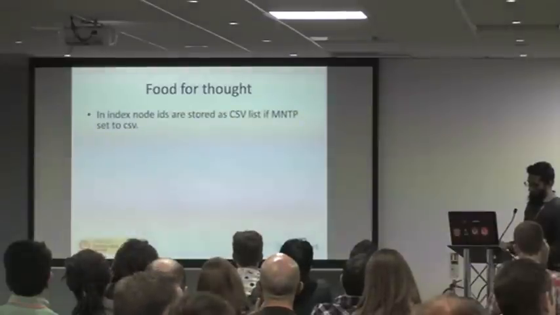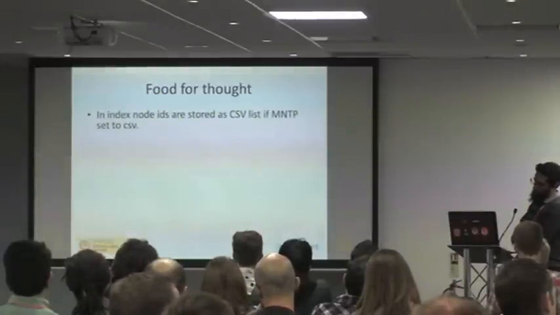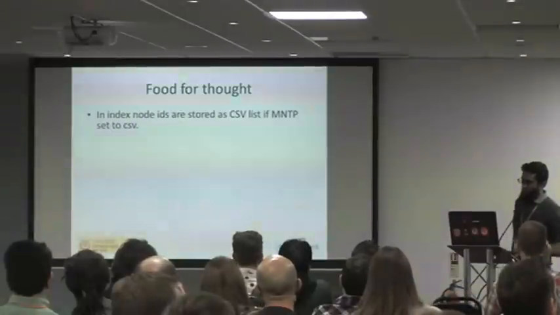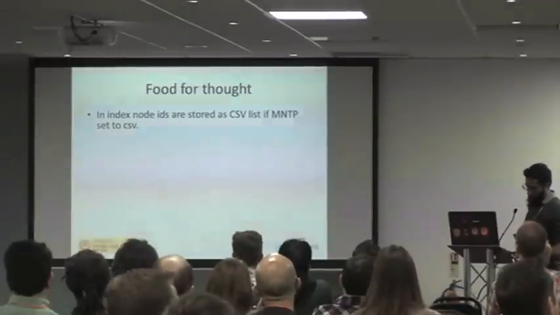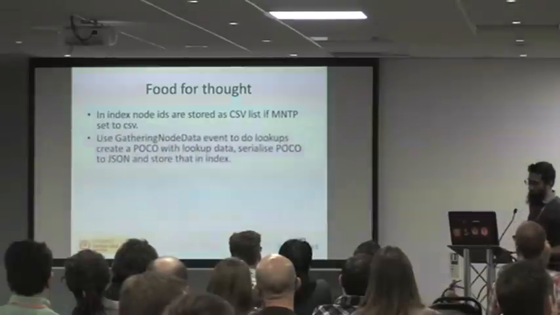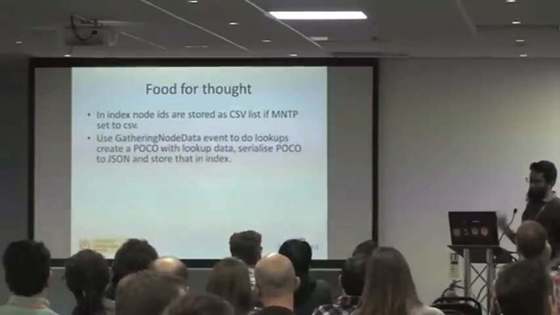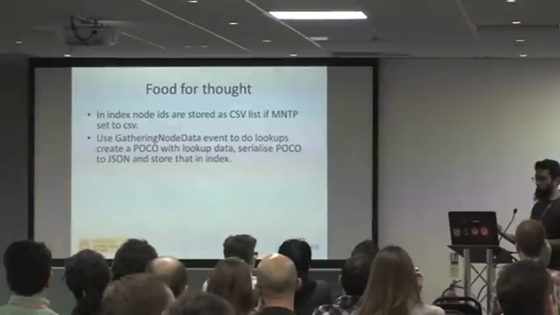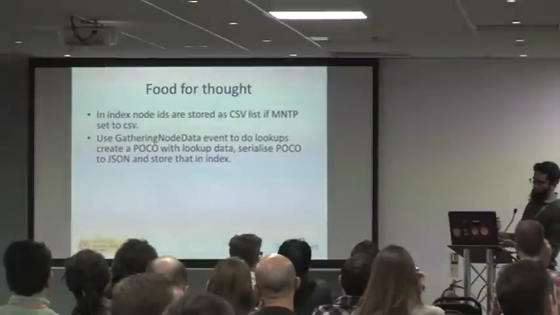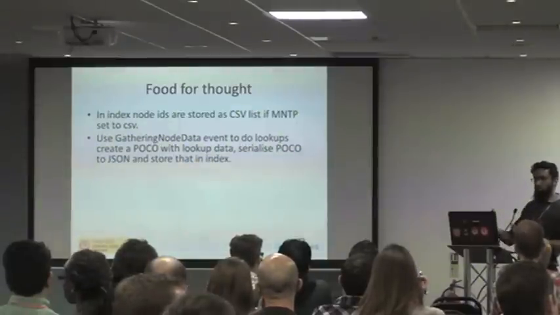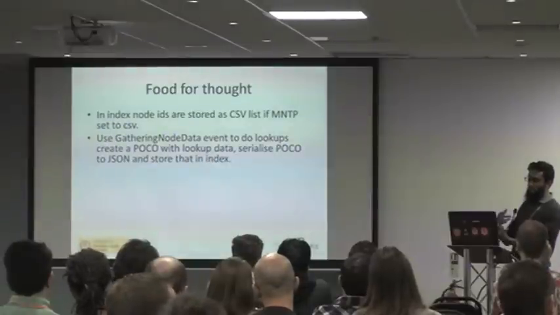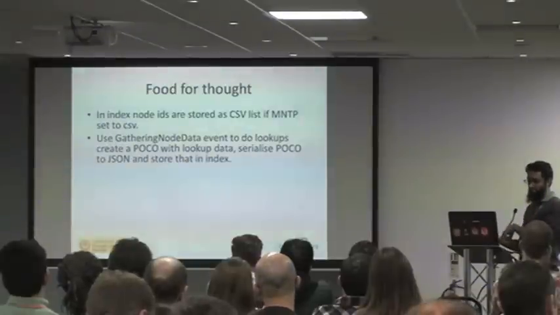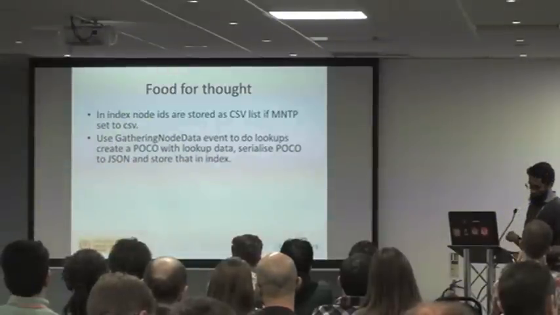The actual node IDs are stored in the index as CSV through the multi-tree node picker. But what we were doing was using the gathering node data, as the item's being indexed, for the particular product, we get the locations, get their country name, get the code, get the stipulation, and then create that as a class, as a POCO, and serialize it to JSON, and store it in the index with the actual product.